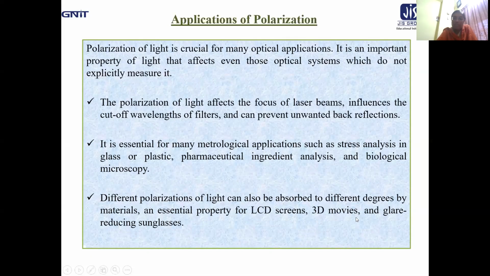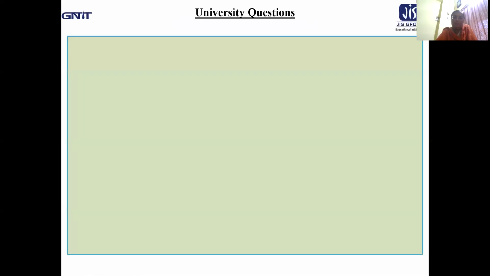Three-dimensional movies use it, and a very common one is glare reducing sunglasses, with which you students are very much familiar and you simply love to have. So polarization is used there for glare reducing sunglasses. These are the different applications of polarization.